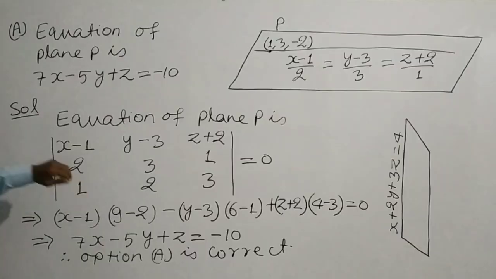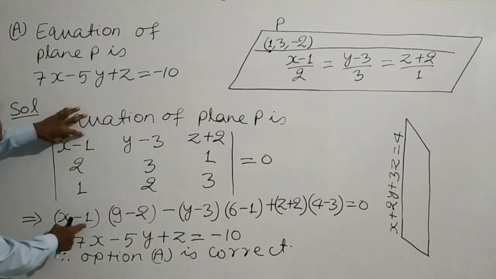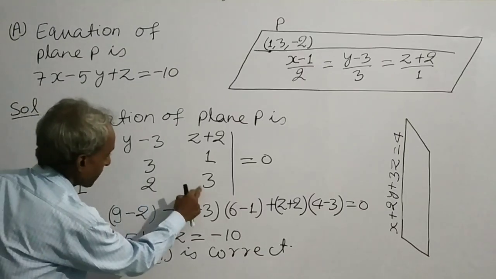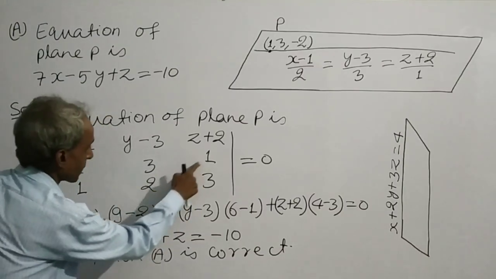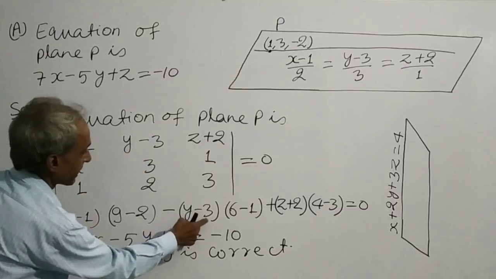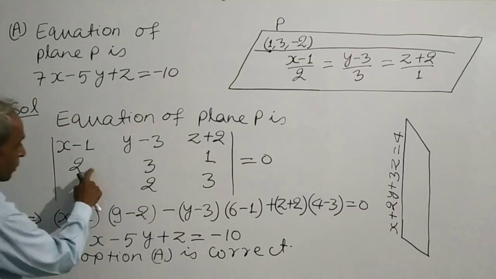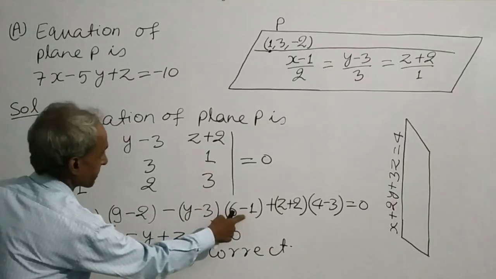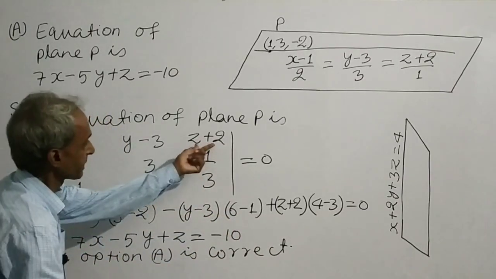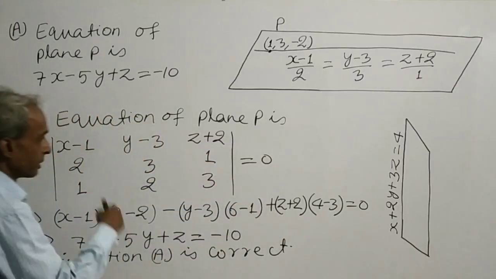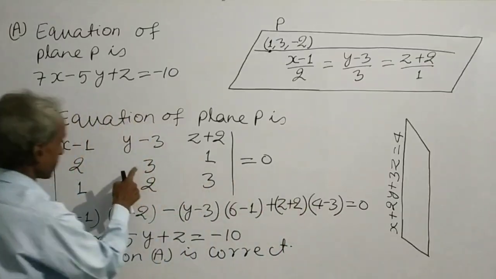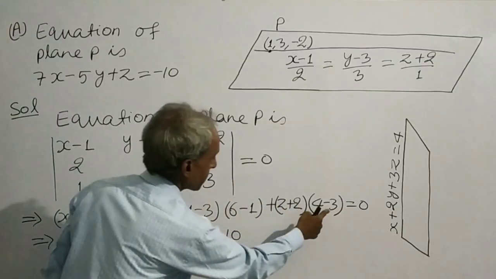Now we expand this determinant. x minus 1 times (3 times 3, 9, minus 2 times 1, 2), minus (y minus 3) times (2 times 3, 6, minus 1 times 1, 1), plus (z plus 2) times (2 times 2, 4, minus 3 times 1, 3).